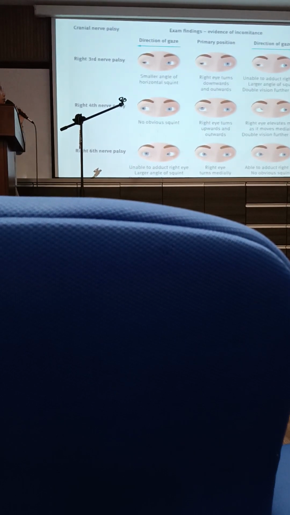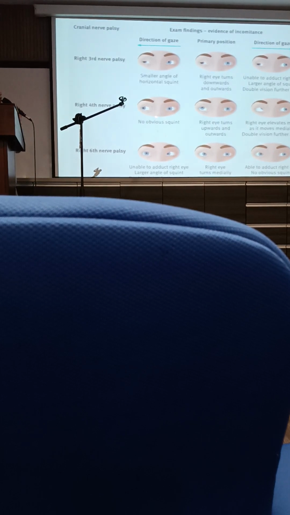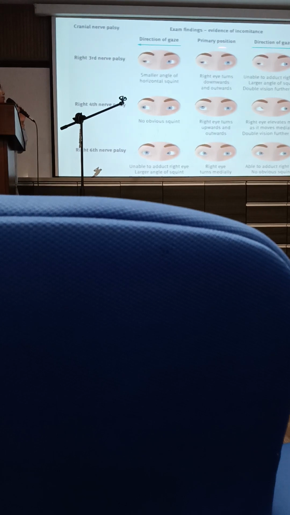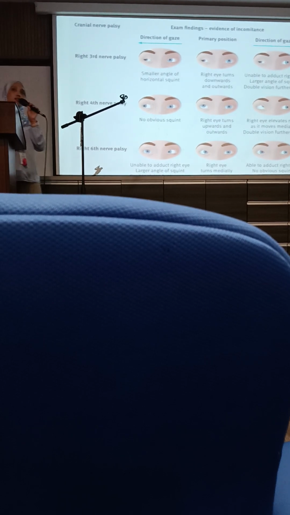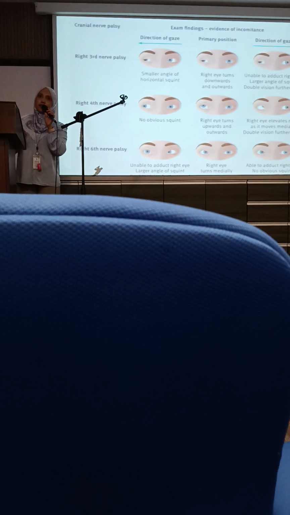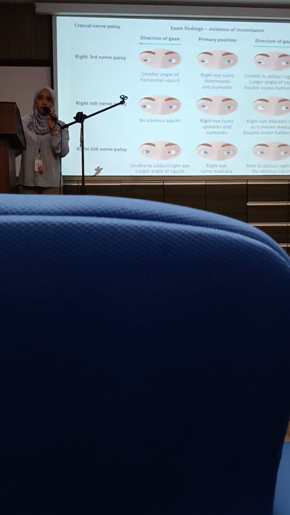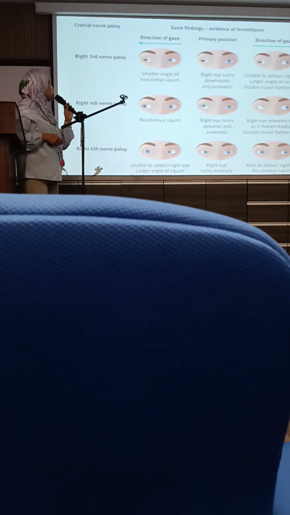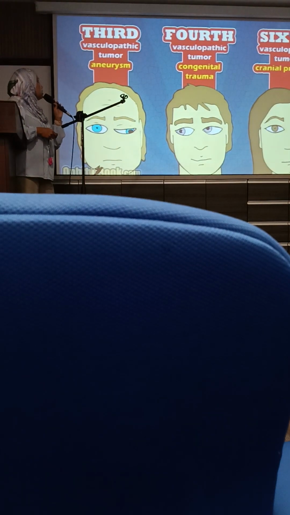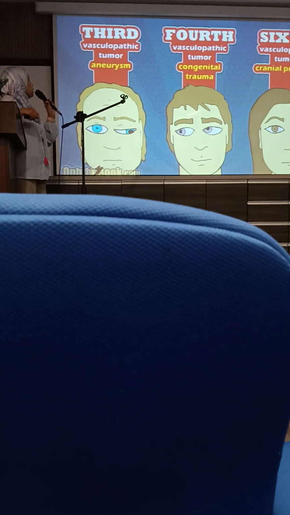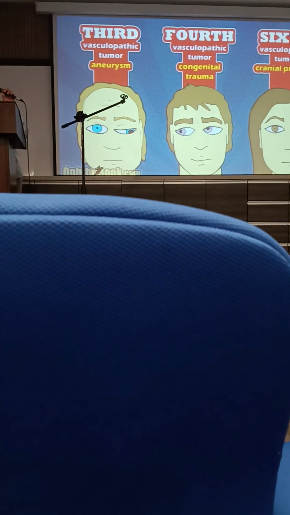So this one, primary position down and out, because all the other muscles except for LR6 and SO4 are supplied by the third nerve. Understand? Maybe you have to revisit this later. Roughly, just a cartoon, for simple understanding.